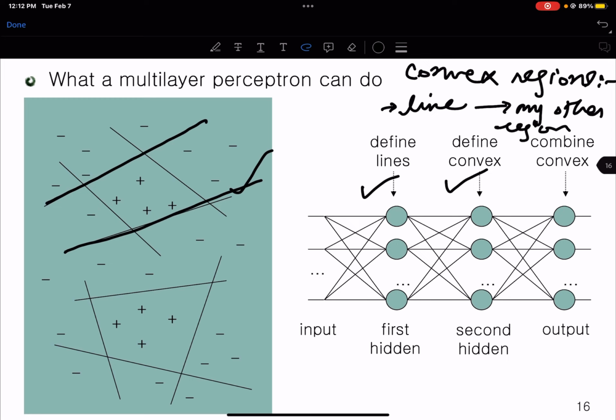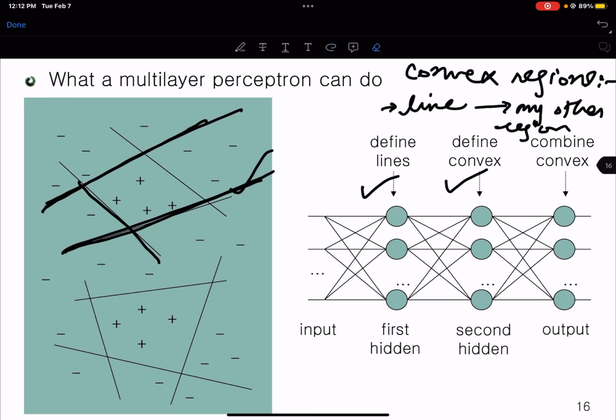So the area that is defined by these 2 lines, and if you can go out of this region, that area is not convex. That is how we define the convex area.